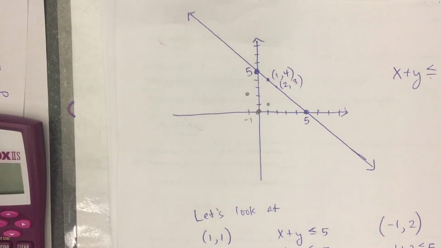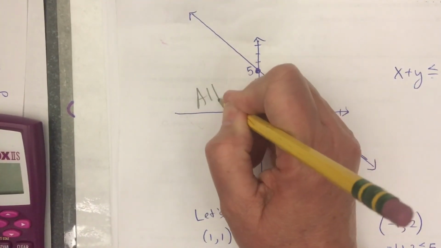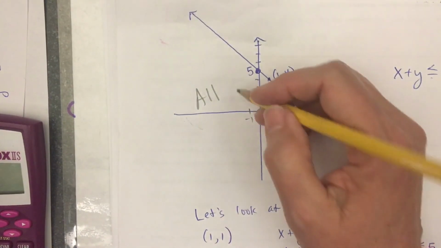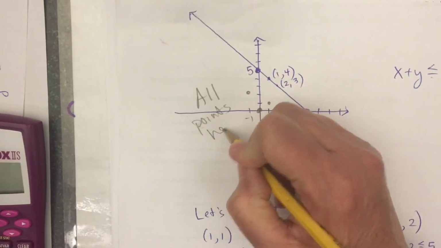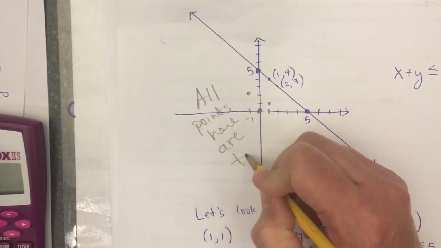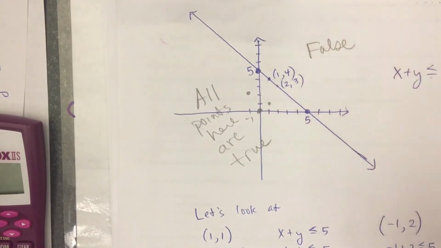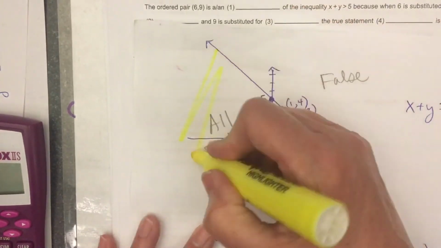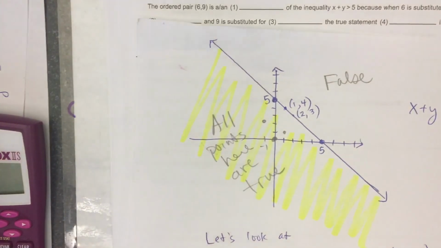What happens is you end up with, hang on just a second or be very quiet, all points here are true. All points on the other side are false. So we shade the true side. We'll take a shading device and shade the true side for the graph of this.